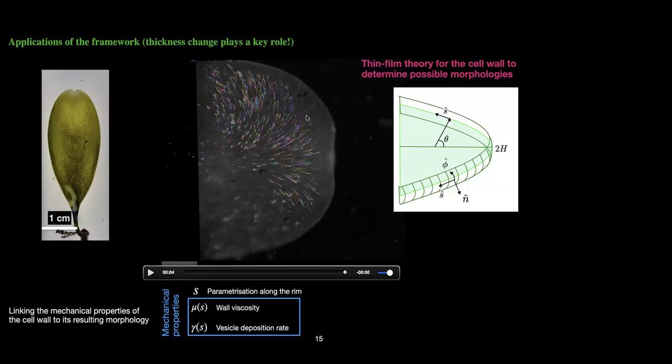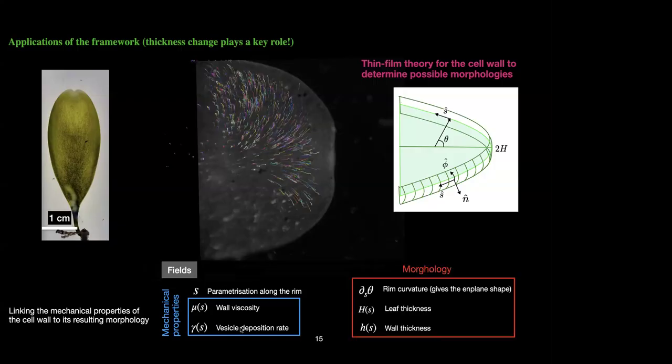As time passes, they solidify and undergo chemical interactions, so the viscosity increases with time, which means it increases as a function of the distance from the tip. So we have to choose two functionalities, one for the viscosity of the cell wall and the other for the deposition rate.